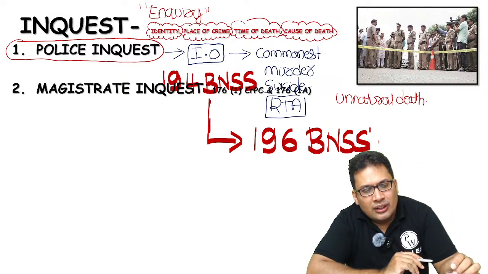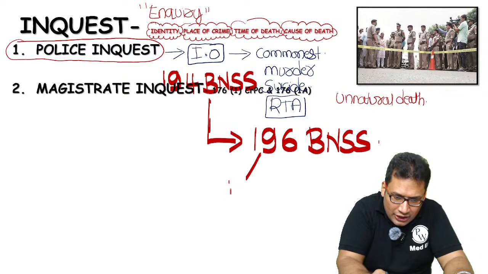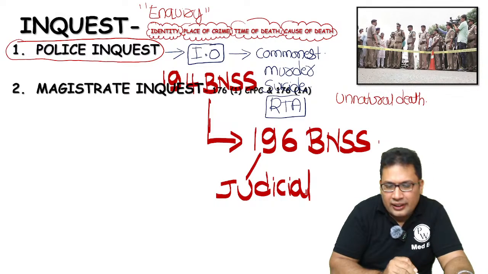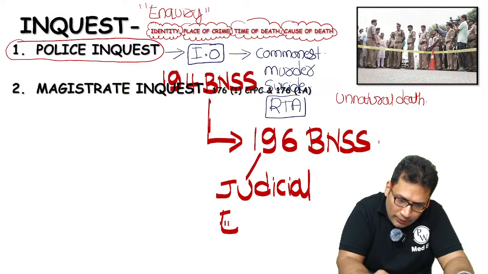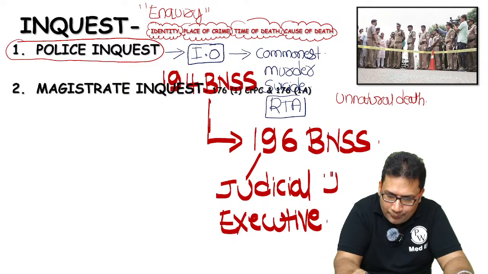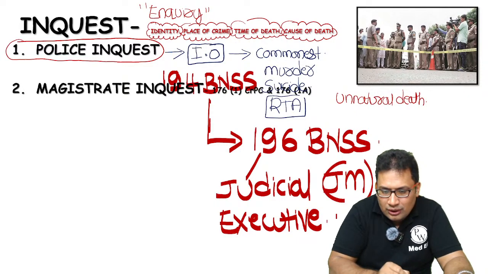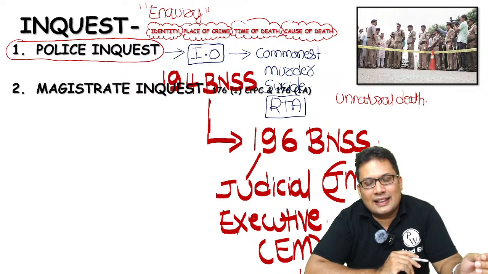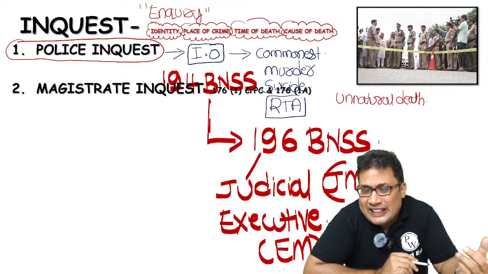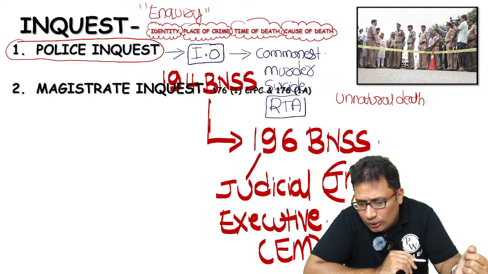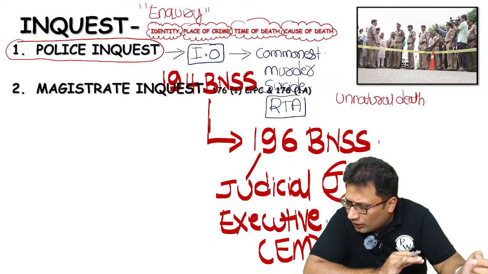The magistrate can be a judicial magistrate, JM, or an executive magistrate, EM. For example, executive magistrate like AC or DC, usually Tahsildar. Okay, 196 and 194 are both very commonly asked.